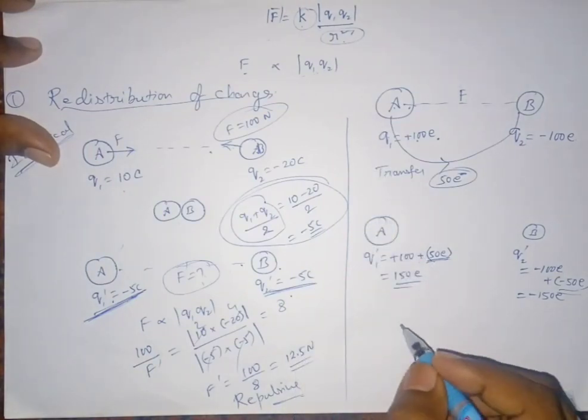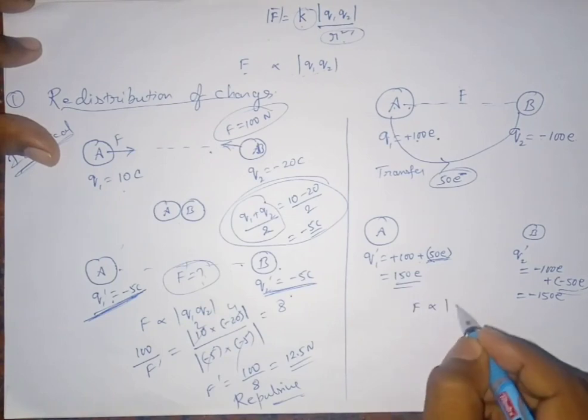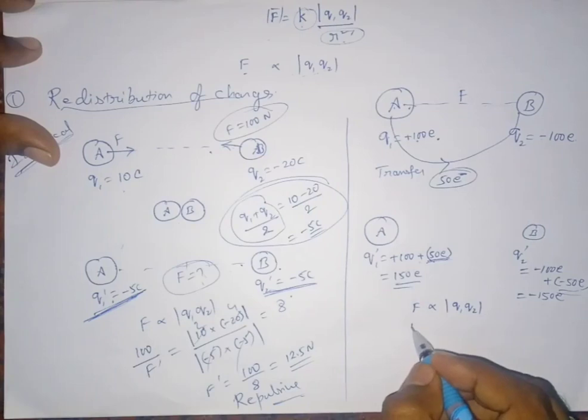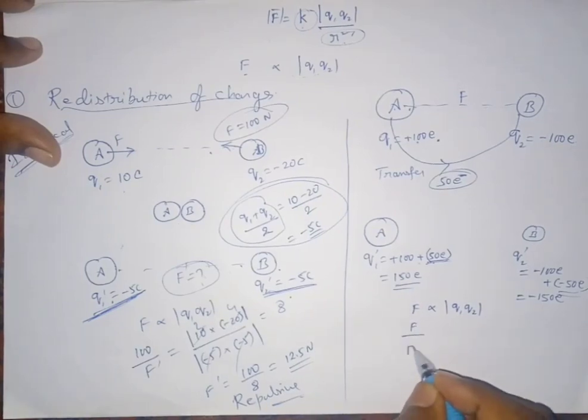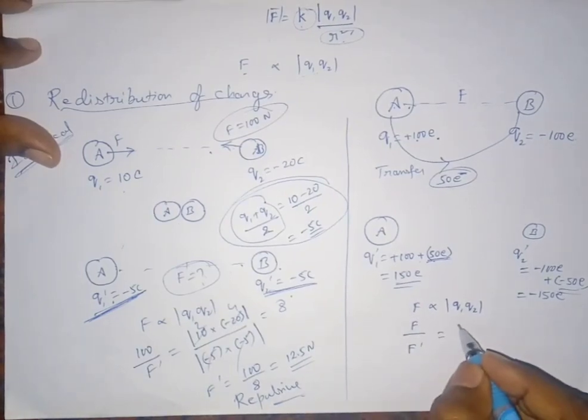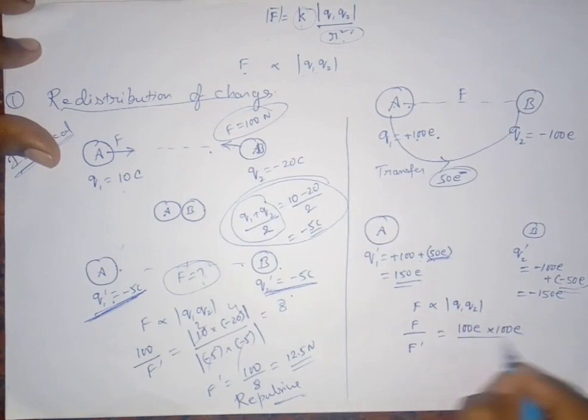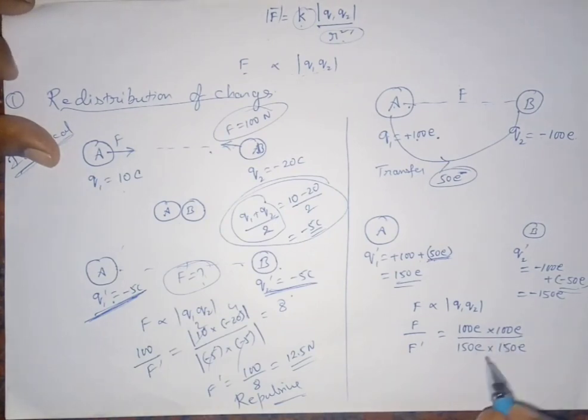Now what about the force? The force is proportional to the product of the magnitude of charges. So the earlier force is F, now the force is some F dash. The earlier charges are 100e, of course modulus, so we need not bother about the sign. The other one is 150e, and this one is also 150e, because it's modulus.